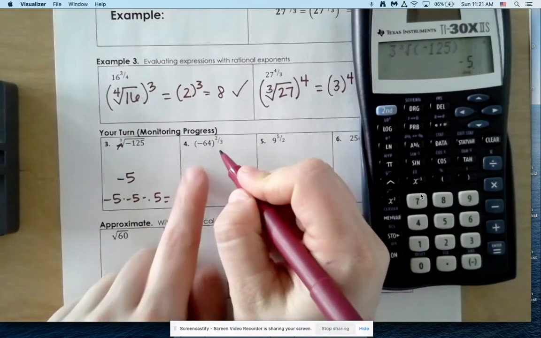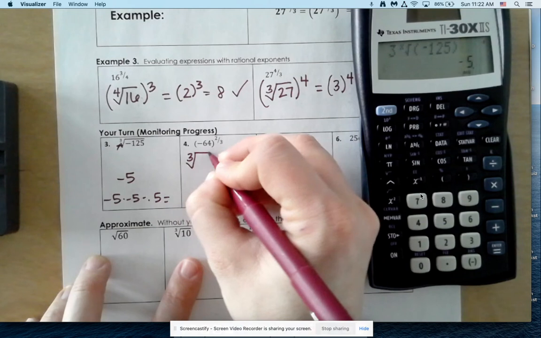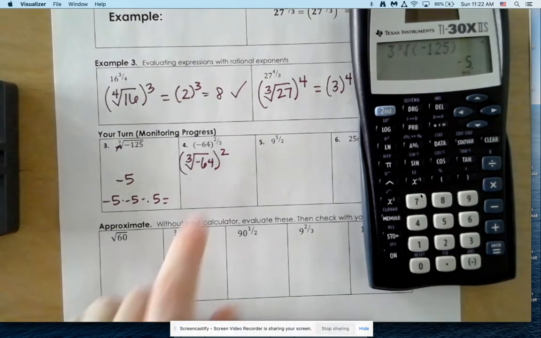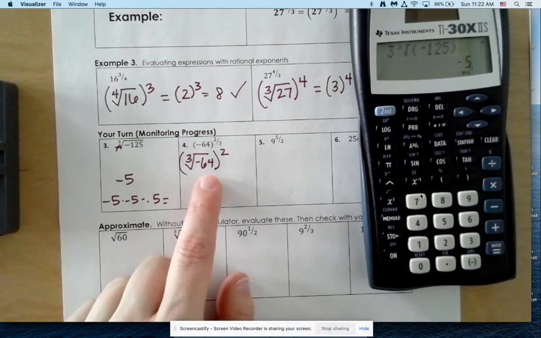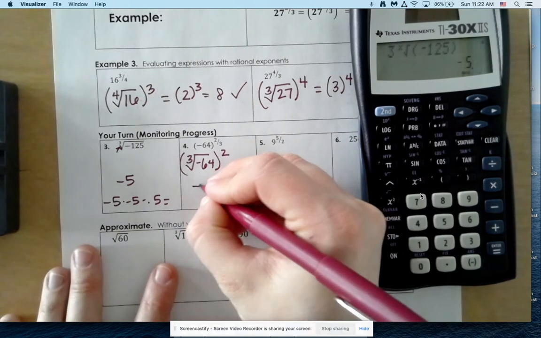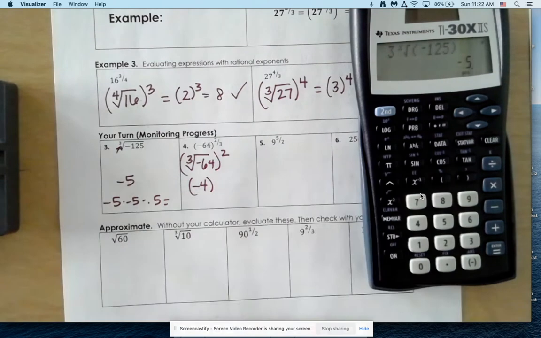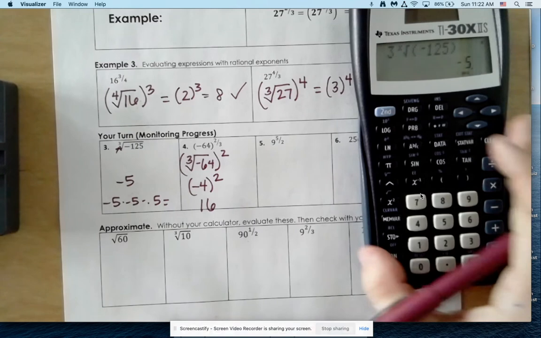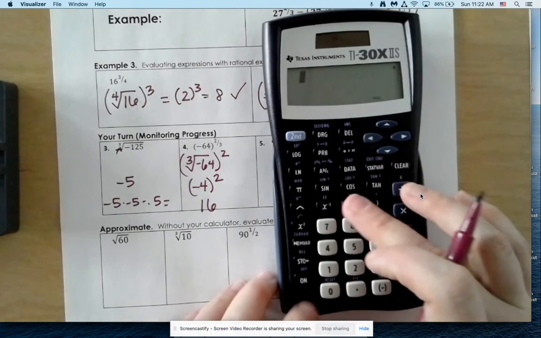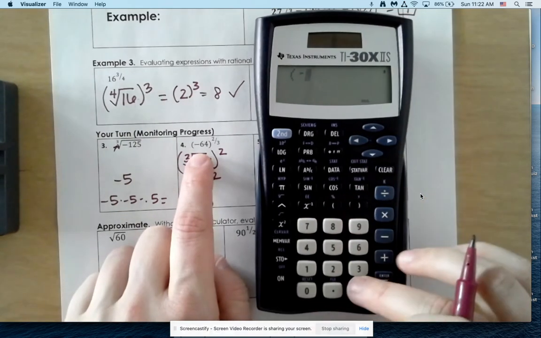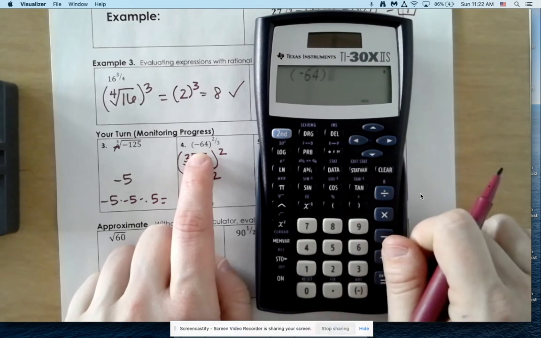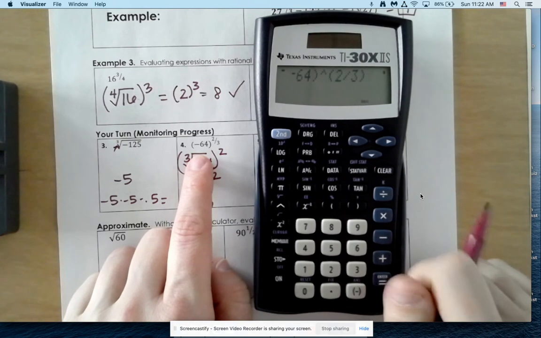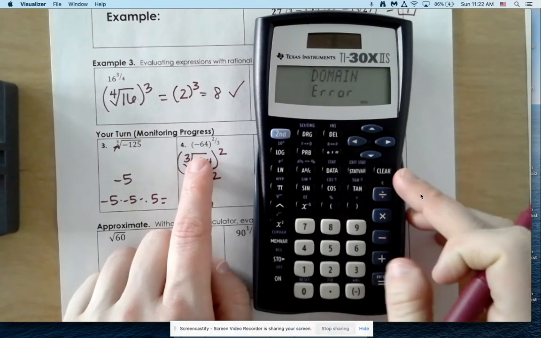All right, this next one, the cube root of -64 squared. Well, we know that 4 times itself 3 times is 64, so -4 times itself 3 times is -64. Then if we square it, we get 16. So again, if you want to check in your calculator, if you type it in exactly how you see it, parentheses, -64, and parentheses, to the power 2 divided by 3, equals. Uh-oh, what did I do?